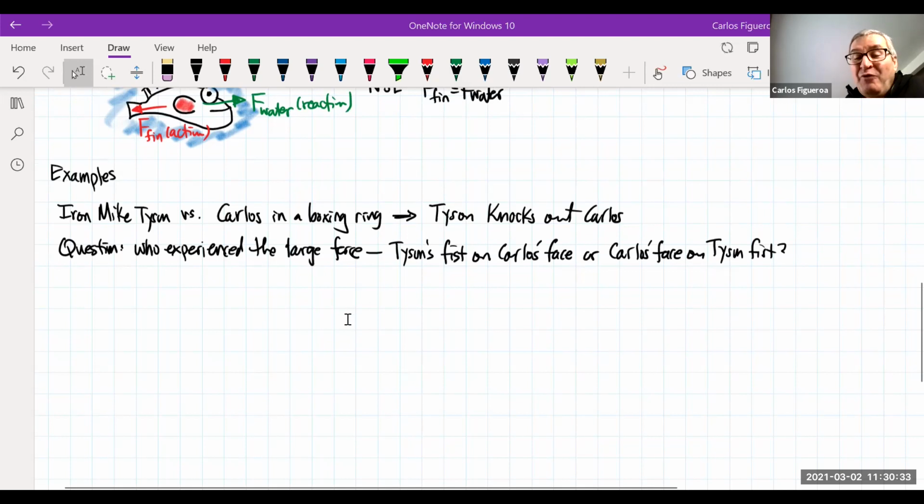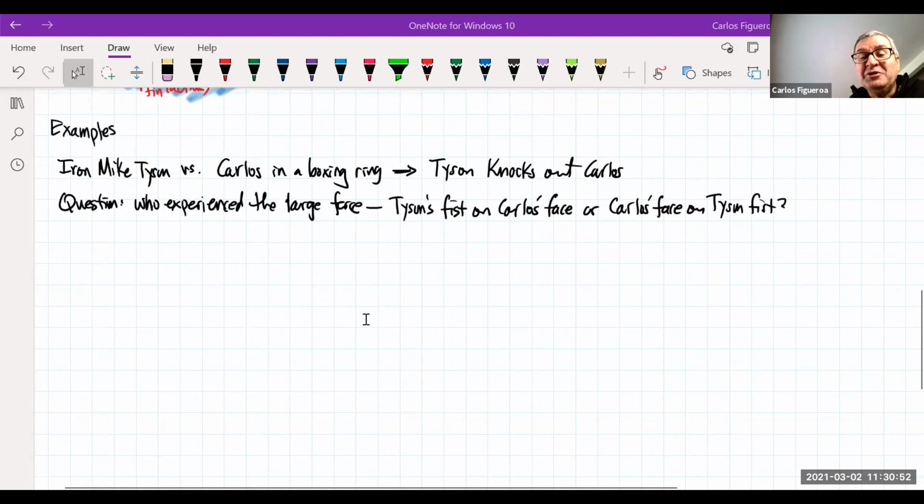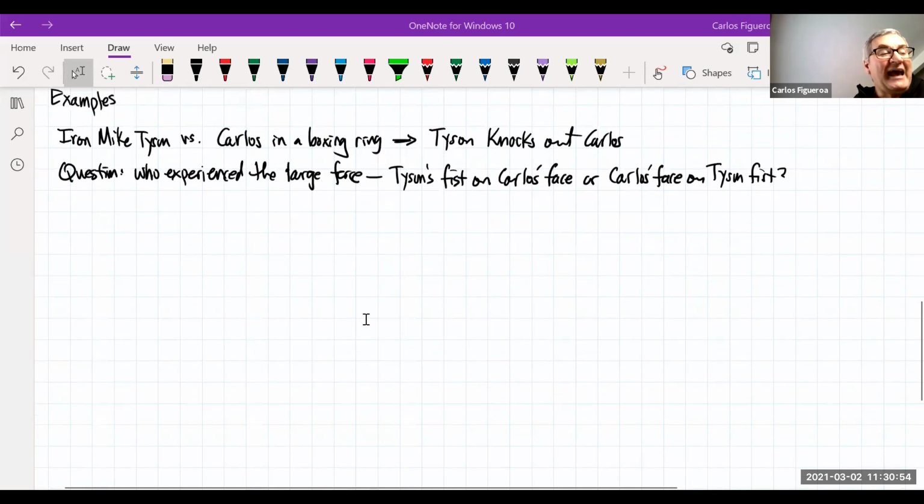So, yeah, of course, they're supposed to be equal. Do you really believe it, though? Remember what I said. I want you to internalize this thing. Newton's third law says they're exactly the same.